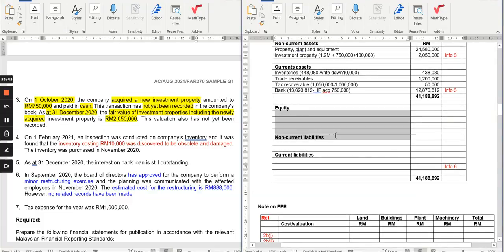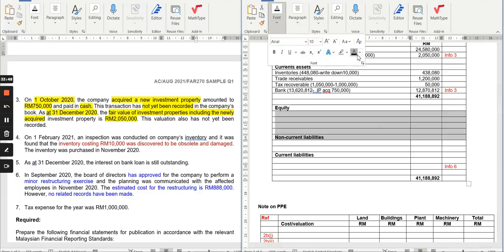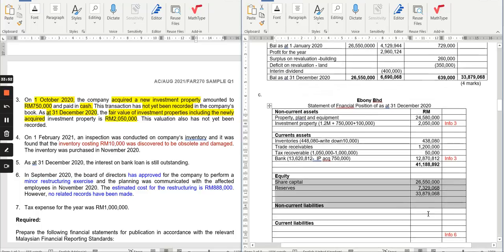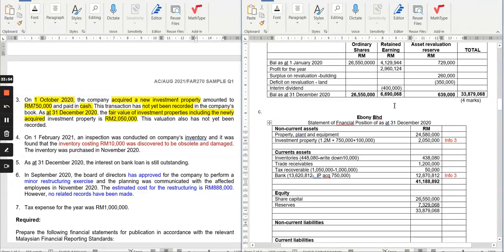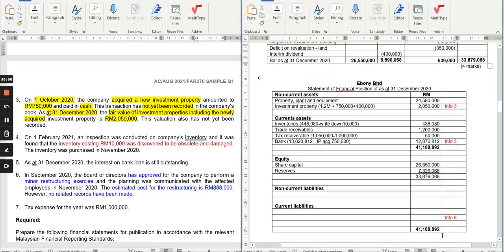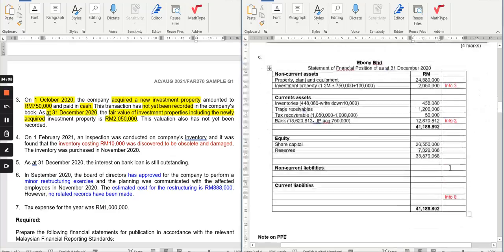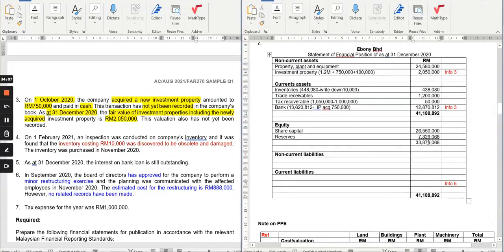Then we go on with our equity section. The share capital and reserve are the ones from this section, 26550 here. This total of retained earnings and ARR will give you 7329068, and this total of the equity and reserve will give you the total 33879068.